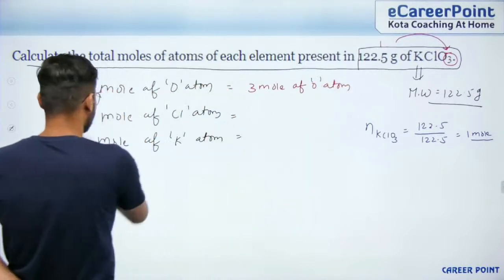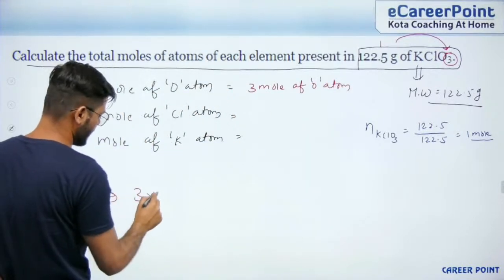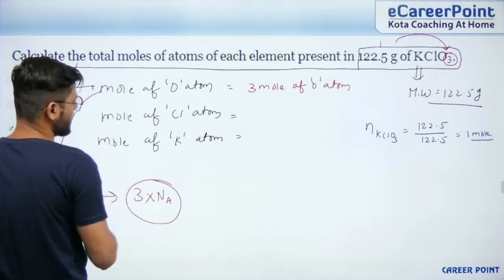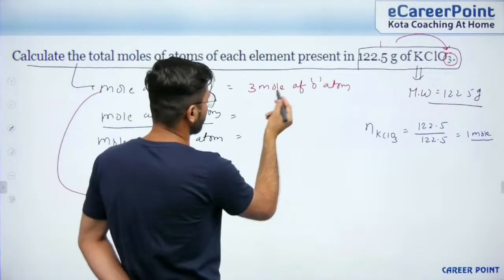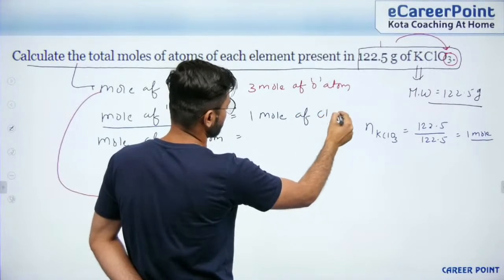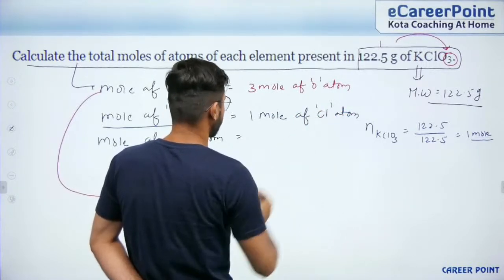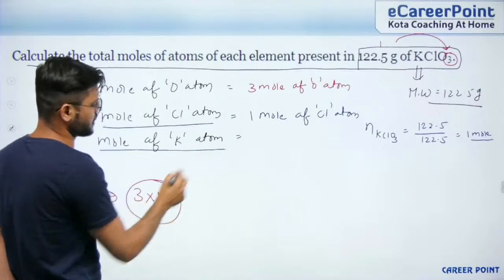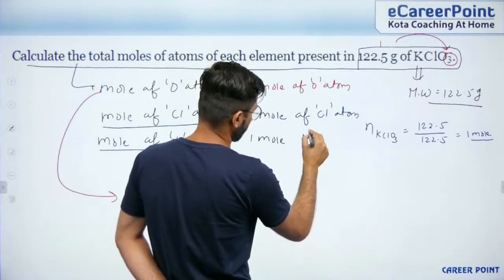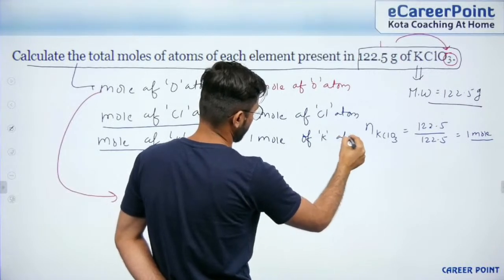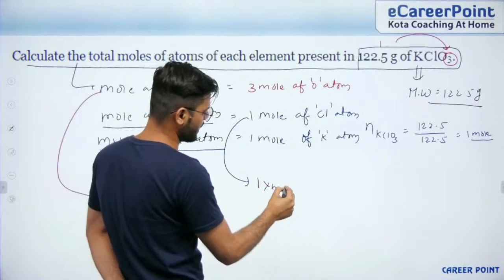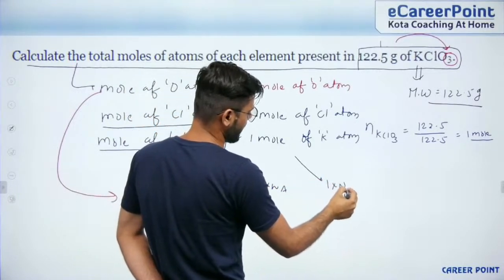If it is asking the number of atoms, then 3 into Na. Then mole of chlorine atom: 1 mole of KClO3 will have 1 mole of chlorine atom. And there will be 1 mole of potassium atom. If it is asking the number of atoms, then 1 into Na, and this will also be 1 into Na.